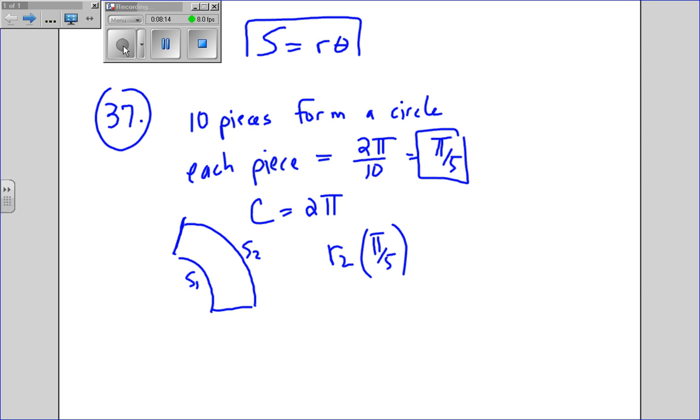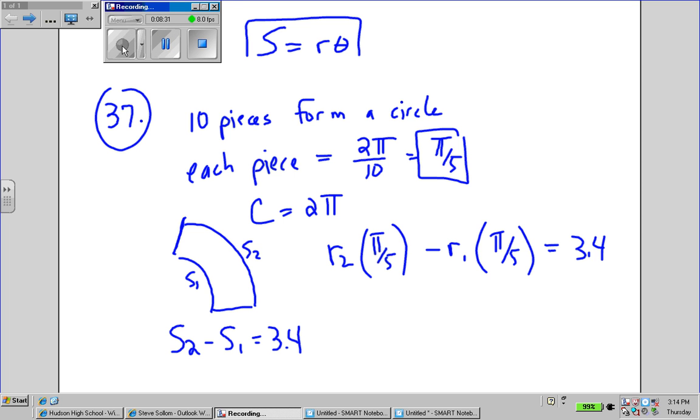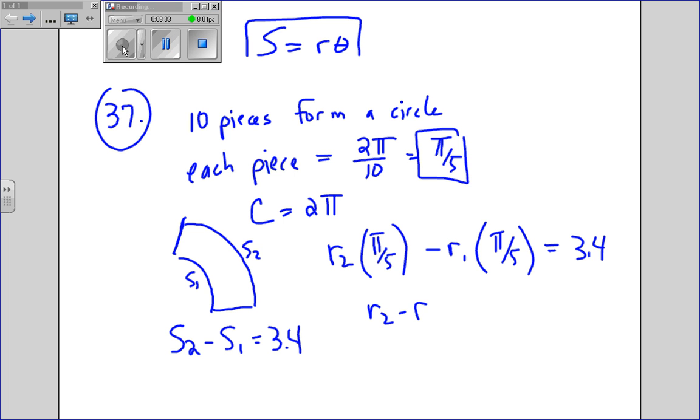The inside arc is R1 times theta. And that difference, it says in the problem, should be 3.4 inches. So that means the outside minus the inside radius should equal 3.4 times pi over 5, which is about 5.4 inches.